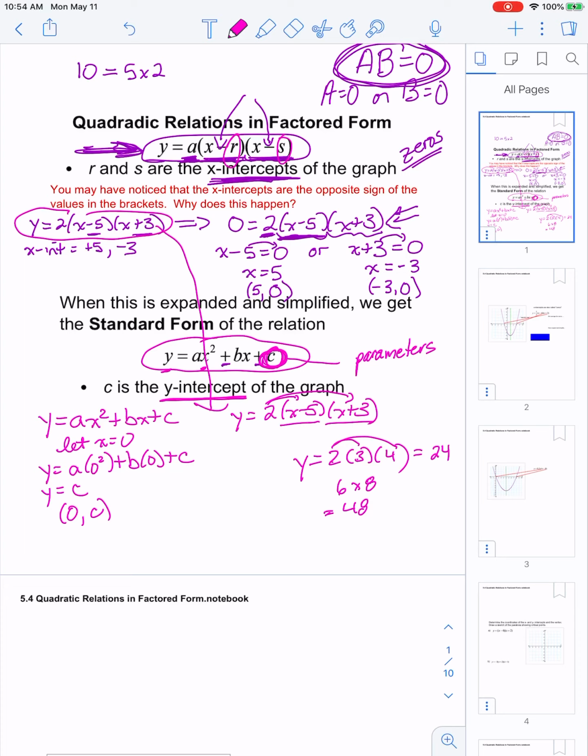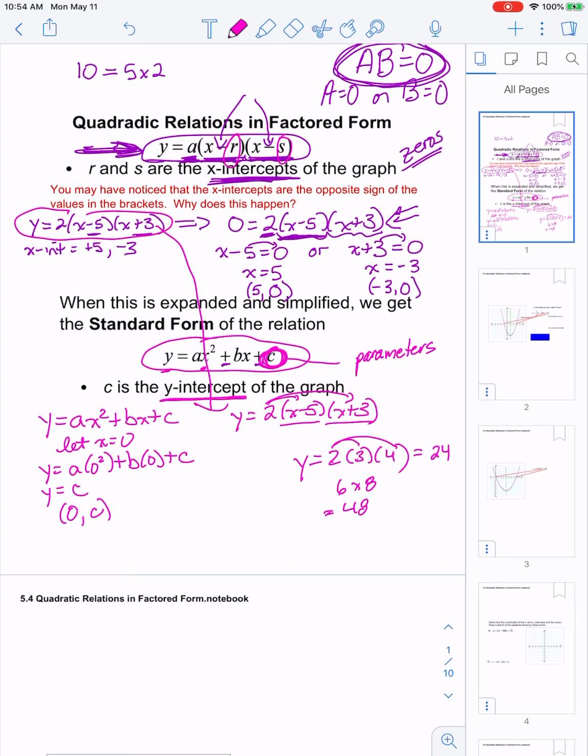You can, and there's nothing wrong with this, multiply the 2 into this first bracket, and that would be 2x minus 10. You just got to make sure you put brackets around that, because that whole thing needs to be multiplied by the second bracket. So what I do is this.